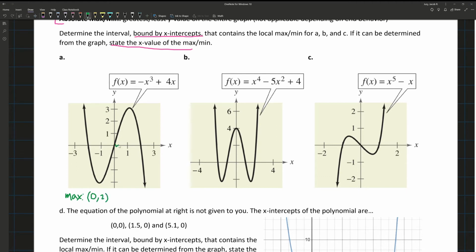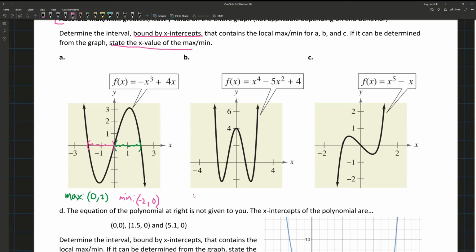So on this interval, the maximum occurs right in between there. The minimum will occur on the interval -2 to 0. So we're just making sure we list these things appropriately and are reading the graph easily enough.